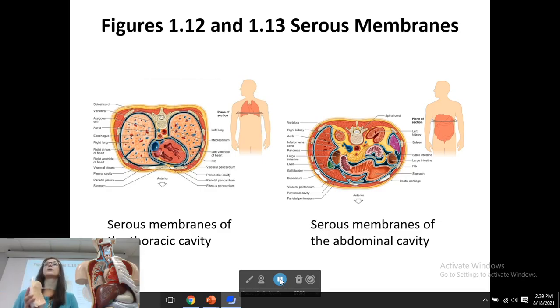Okay, what about with the abdominopelvic organs? What's right on the surface? On the surface is always the V word. Visceral peritoneum, okay, visceral peritoneum, and then what is it that lines this whole abdominopelvic cavity?